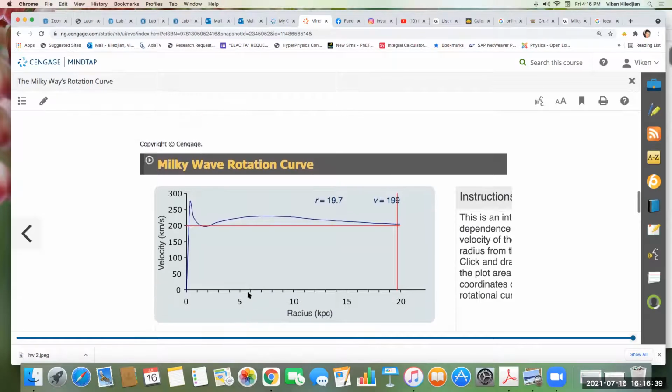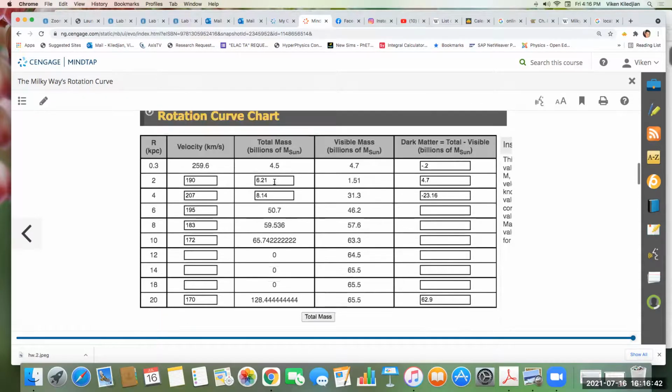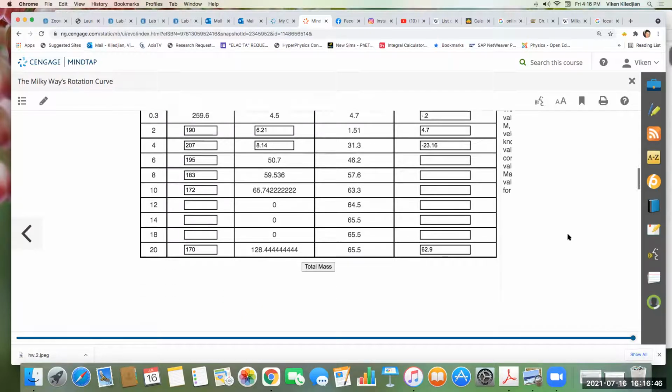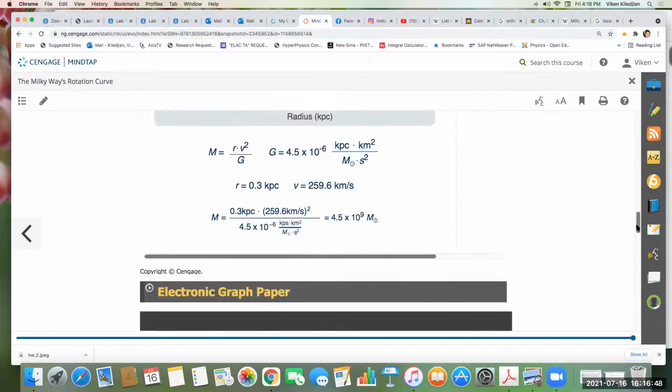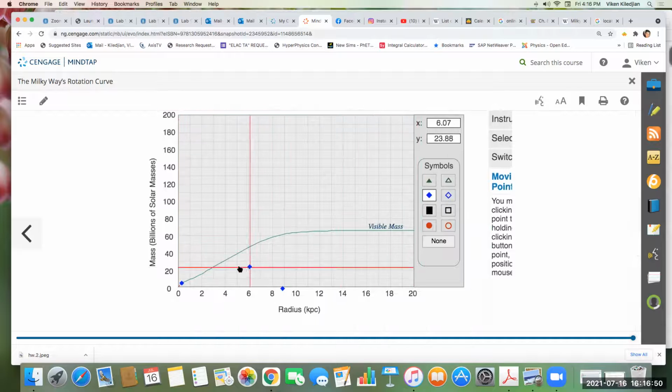Okay, so then the next one should be, hold on, what was the data? I'm going to base it as if this is my data. 6.21. Oh, now the dark matter is below the visible matter. 6.21.